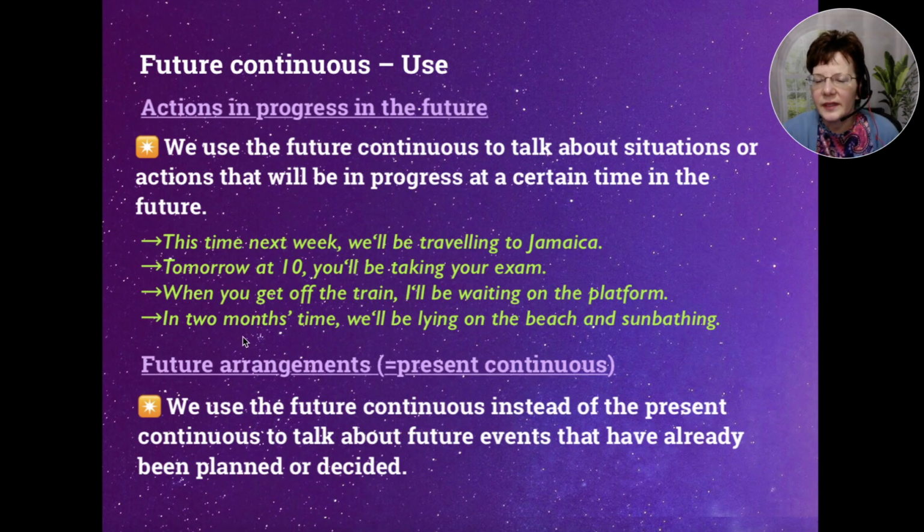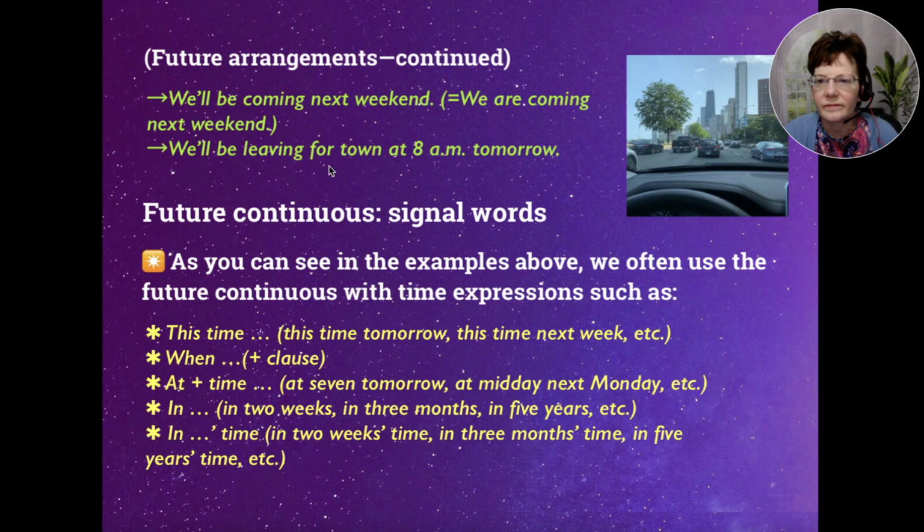All right, and let's talk now about future arrangements. Sometimes present continuous is used. So we use the future continuous instead of the present continuous normally to talk about future events that have already been planned or decided. So a couple of examples here. We will be coming next weekend. So it's also the same as saying we are coming next weekend.